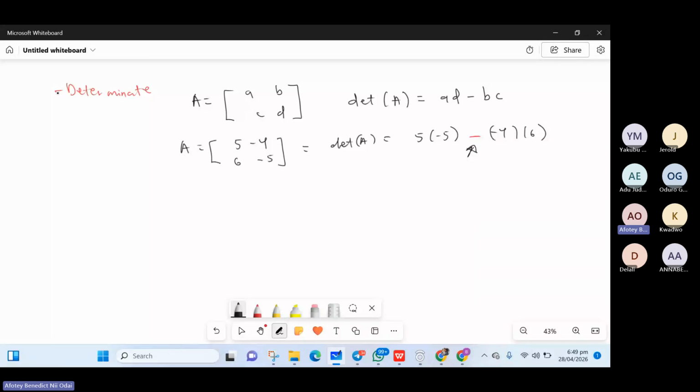They know that you are expecting a negative here, so they bring a value that already involves a negative. So if you're not careful, you are going to miss this negative sign and take this negative sign instead. So you have to be careful, right? Always bring your negative sign before you do your product. So this gives us negative 25 plus 24, and finally we get negative 1 for the determinant.